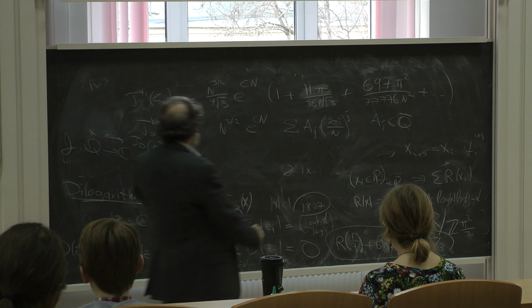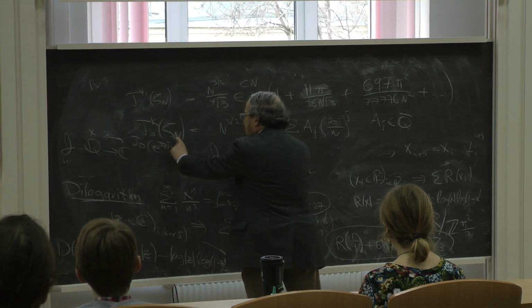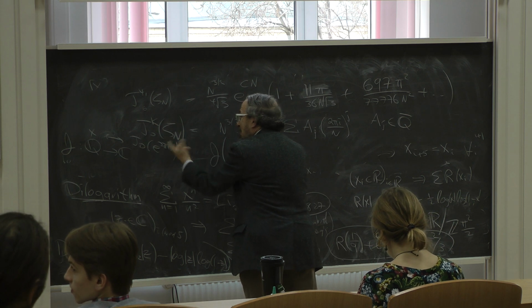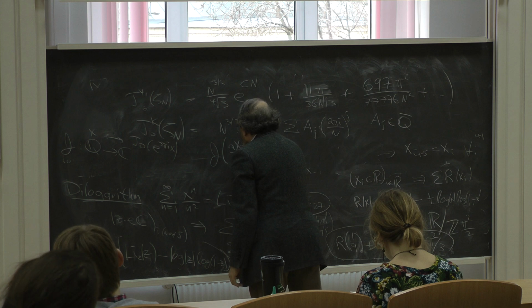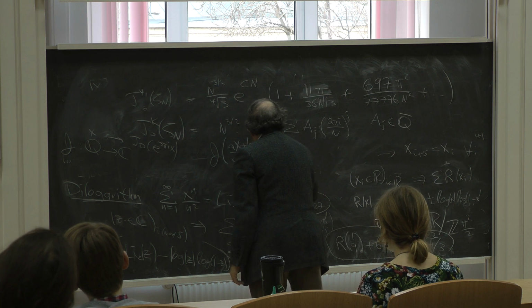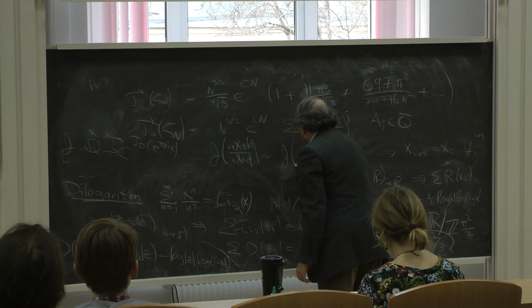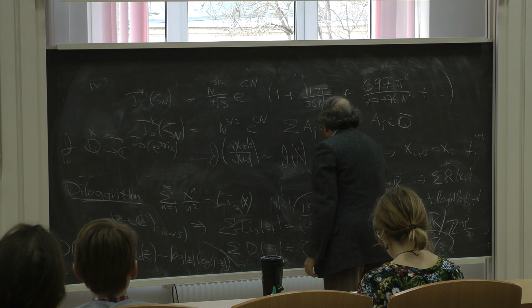And then it turns out that the right way to see this, so this is about J of 1 over n. But actually, it's about any modular transformation, J of (a x plus b) over (c x plus d). The modularity conjecture says that this J function behaves like a modular form.